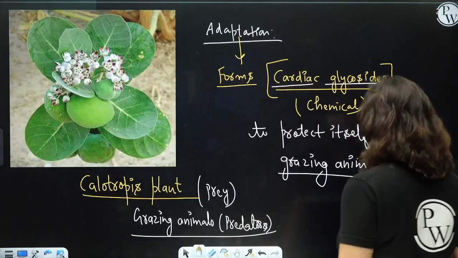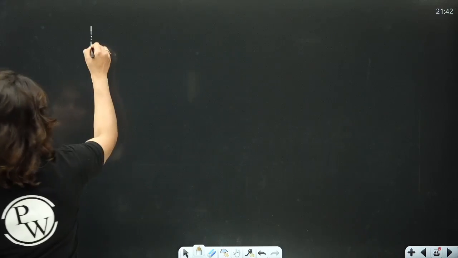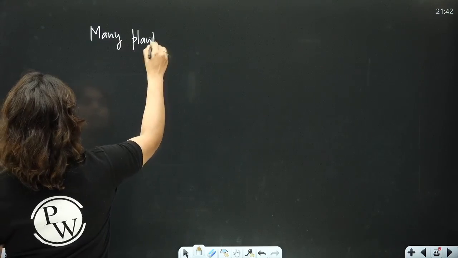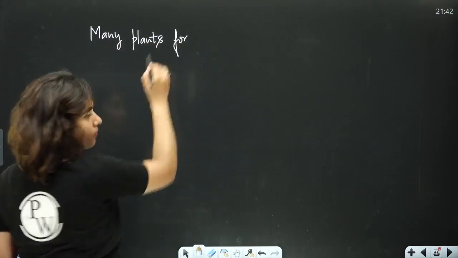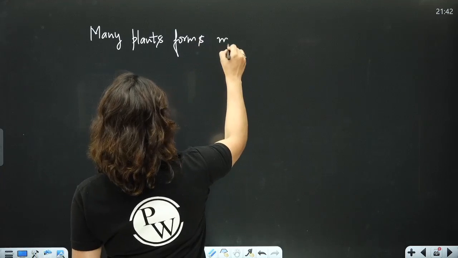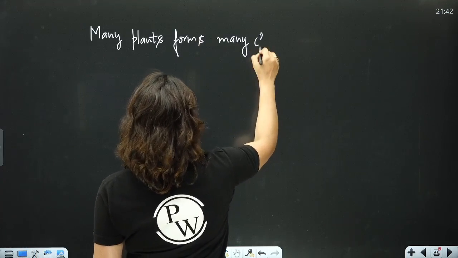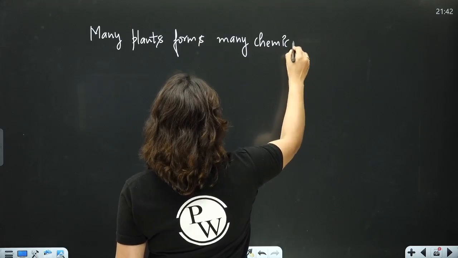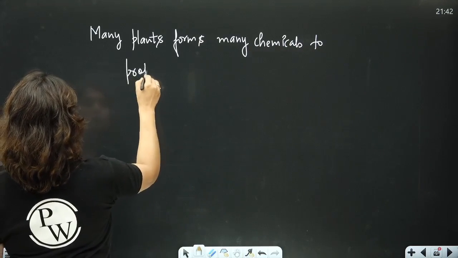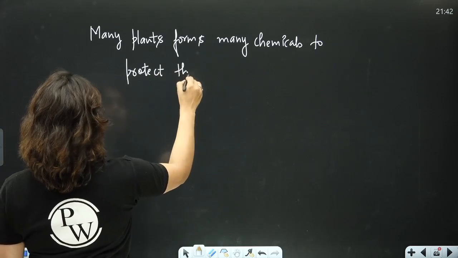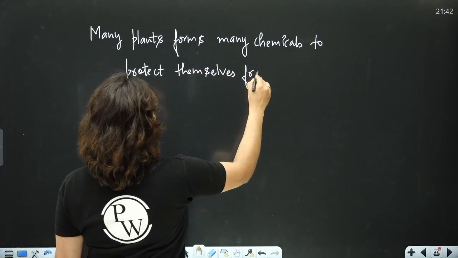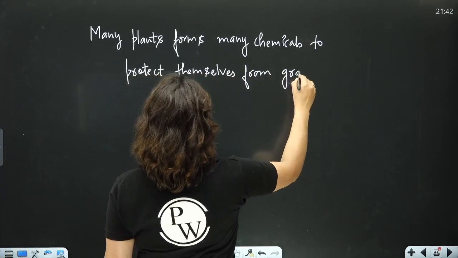So many plants form many chemicals to protect themselves from grazing animals.